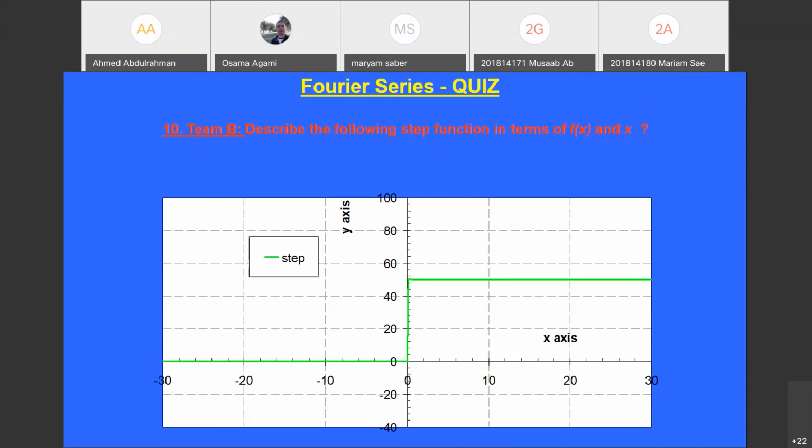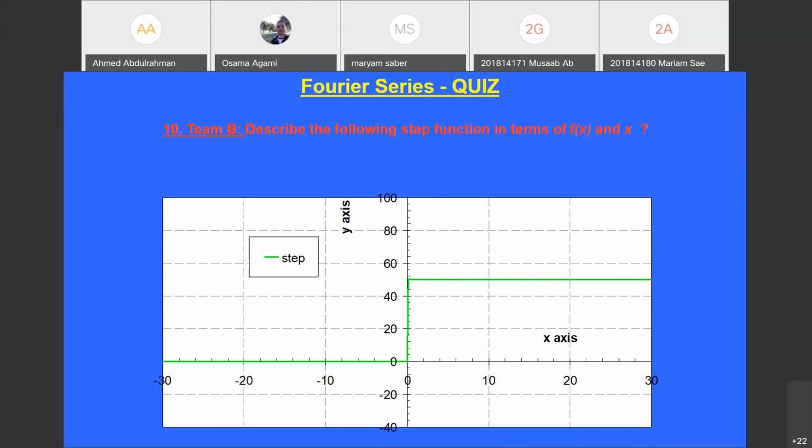Describe the following step function in terms of f of x. So this is a stepwise function, right? How can you write this as f of x? You can say the left-hand side part. f of x is 0 when x is less than 0.